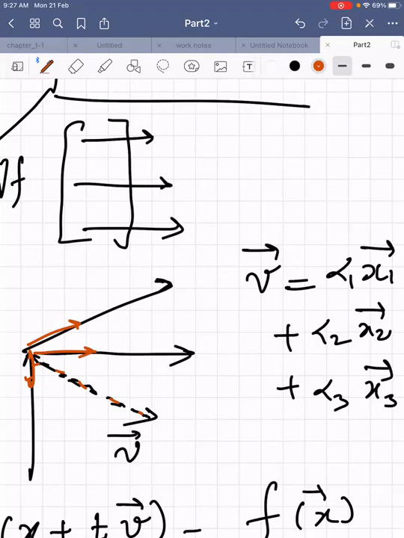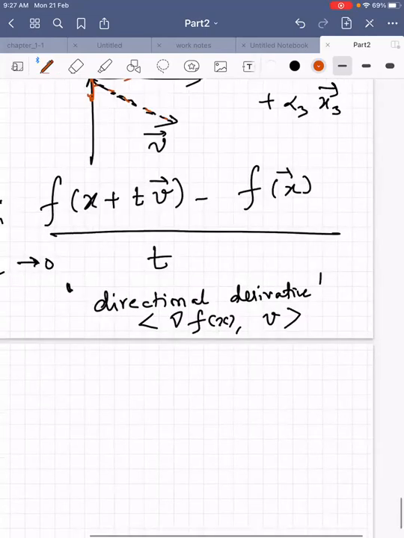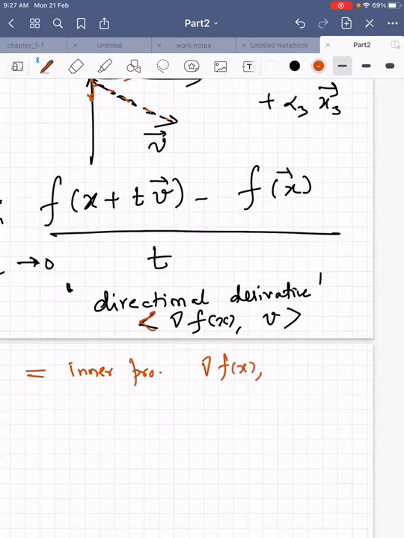So sort of project the gradient vector in the direction where you want to find the derivative. So the directional derivative is basically the inner product of this vector and this vector, where you want to find the directional derivative, and the inner product is a scalar.